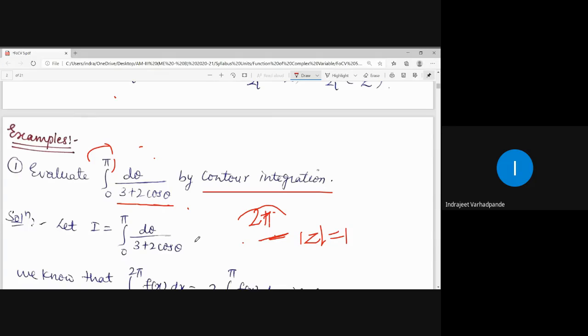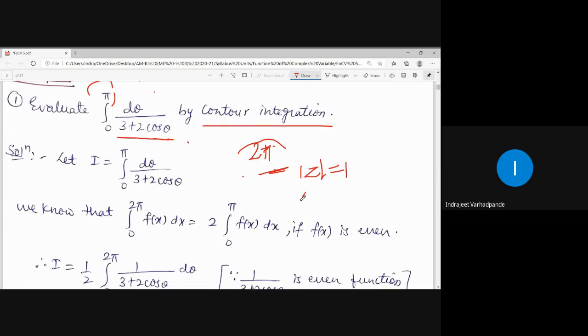Now what is the property of definite integration? One property says integral 0 to 2a can be split as 2 times 0 to a if it is an even function. So 0 to 2 pi f of x dx will be 2 times 0 to pi f of x dx if it is even. So I have 0 to pi, so I will bring this 2 here and multiply as 1/2. Understood?